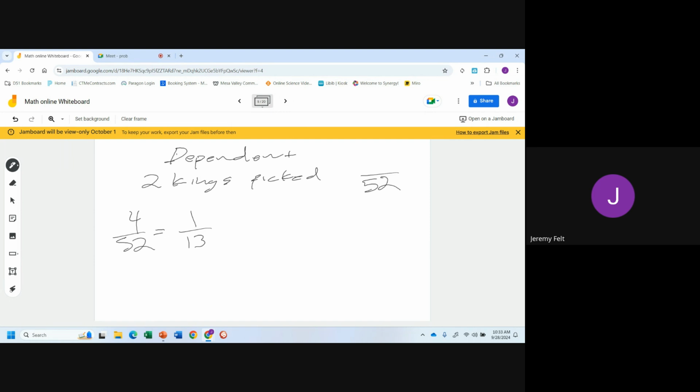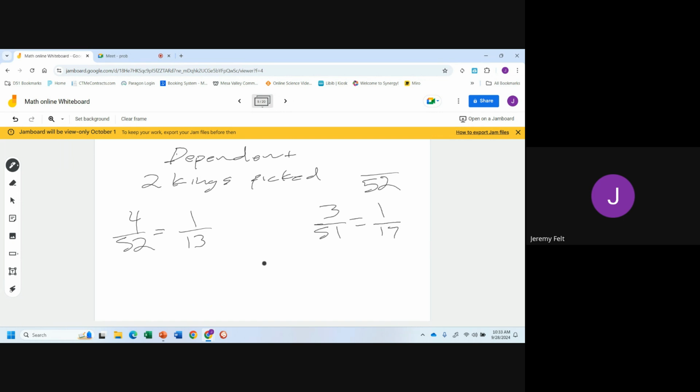If I kept that first one out, now it's a dependent event because I don't have 52 cards anymore. I have 51 cards because I pulled one out and kept it out. Okay, if that first one is a king, I no longer have 4 kings. I have 3, and 3 in 51 reduces down to 1/17.